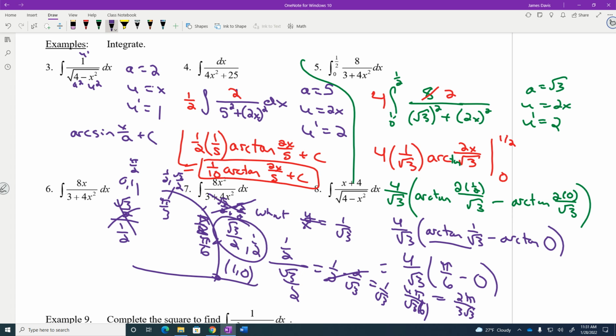So you multiply here by radical 3 over radical 3, and that would be over 9, because the radicals would cancel, over 3 times 3. So 2 radical 3 pi over 9.